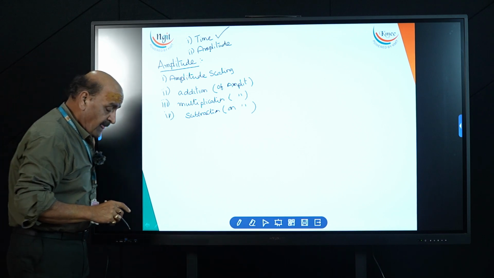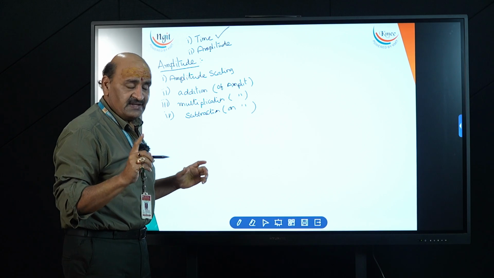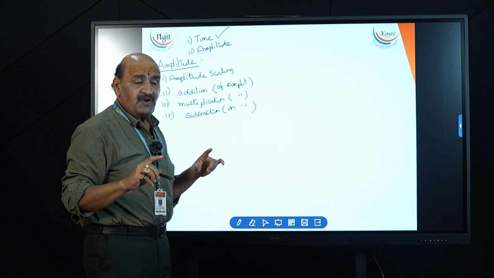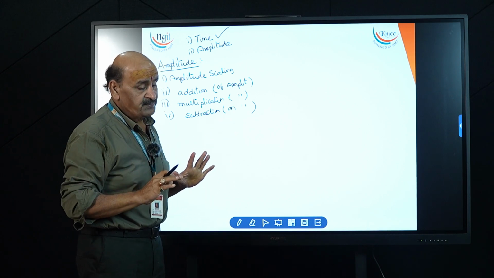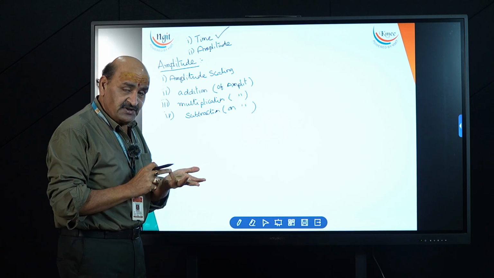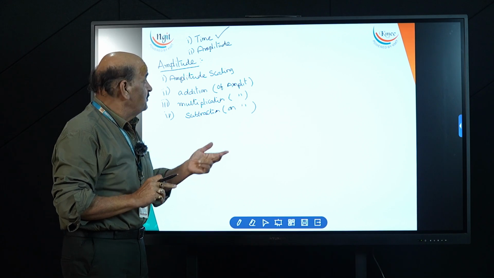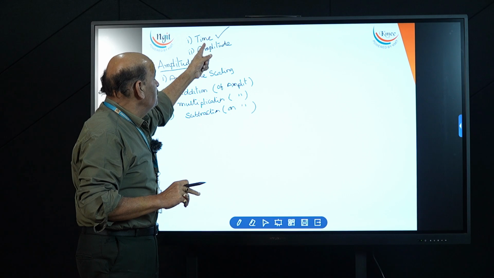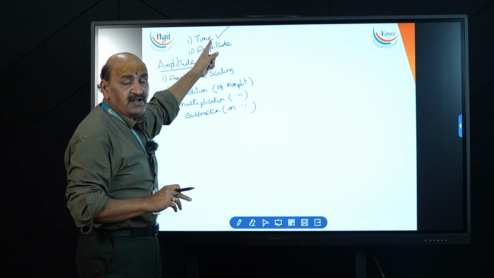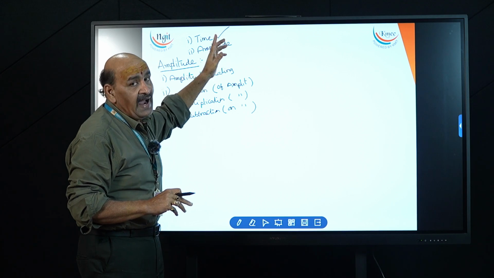Again, two kinds of operations can be performed on signals. Here signals means both continuous time signals as well as discrete time signals. One is with respect to the time domain, another is on the basis of amplitude.